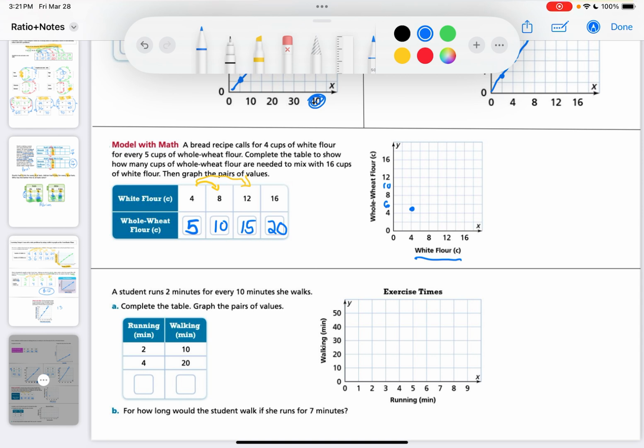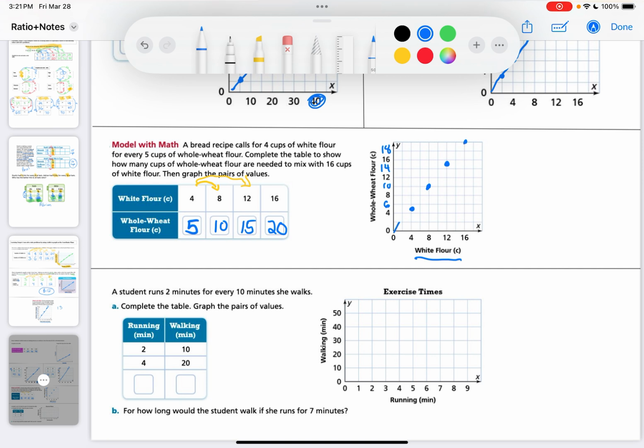Over 8, up 10. And I'm going to mark that one as 14, and that would be 18. All right, 12, 15. So 15 would be between 14 and 16. And then 16, 20. Oh gosh, that's all the way at the top.